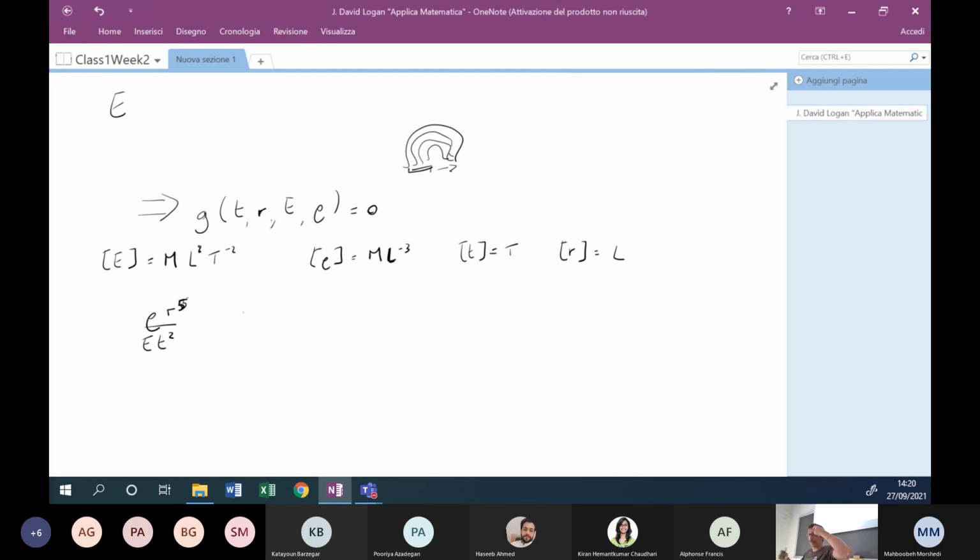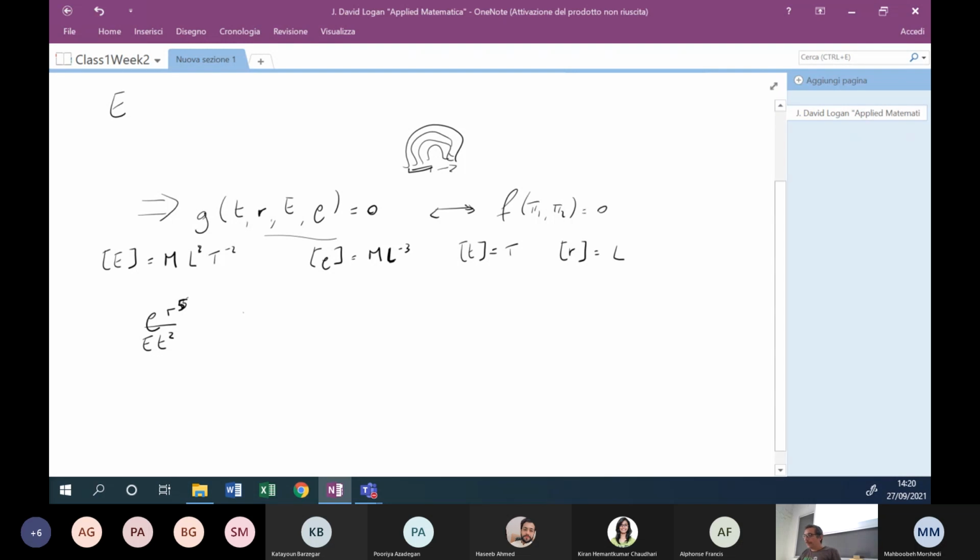So basically, the Pi theorem tells you that this equation here that describes your model is equivalent to another equation, which I can call f of, let me call pi 1 and pi 2. That's why it's called the Pi theorem, because the new dimensionless variables are indicated with pi.